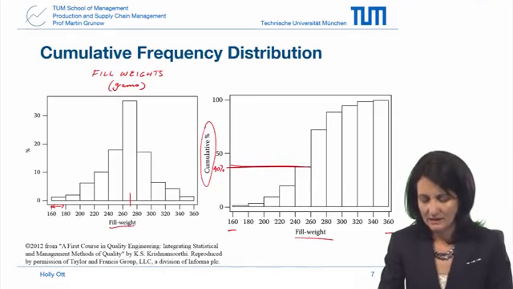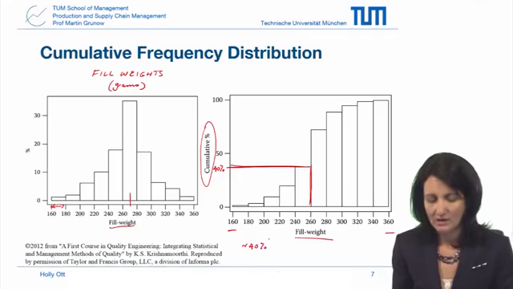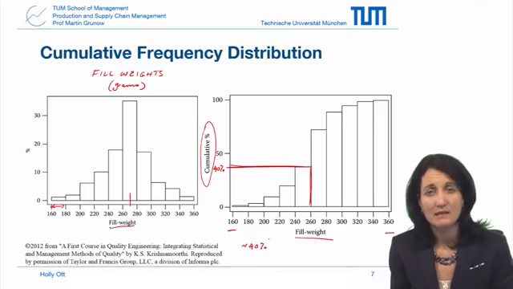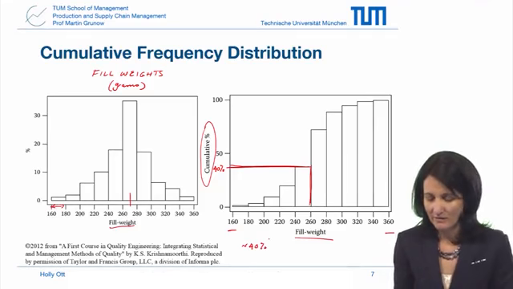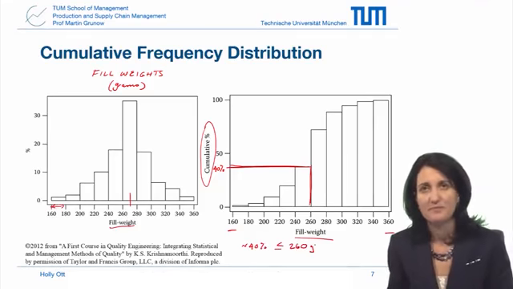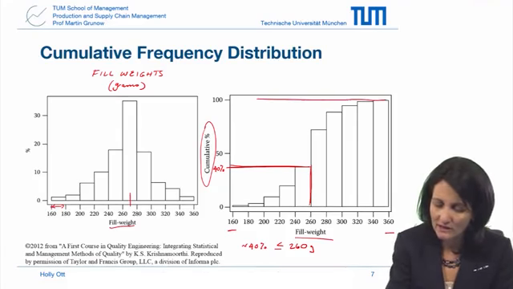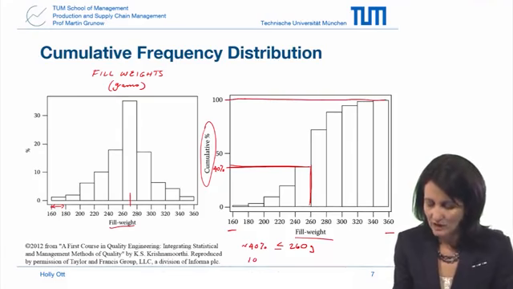What this means is that about 40% of our fill weights in the sample that we have are less than or equal to 260 grams. And of course it makes sense that from all of our data, we have 100% of our data less than or equal to 360 grams.